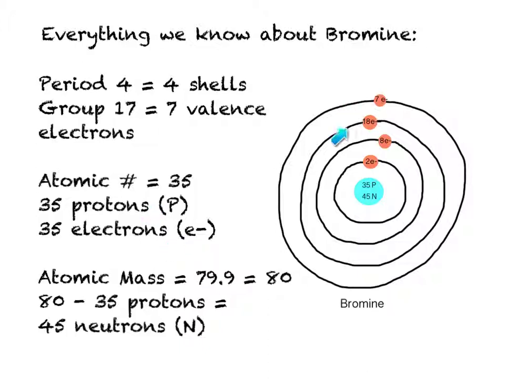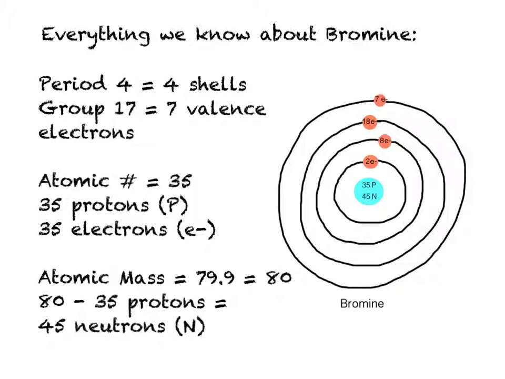The electrons are what we draw here in the shells. The atomic mass is 79.9, which we round to 80. 80 minus 35 protons equals 45 neutrons, which we indicate here. So always in the nucleus are the protons and the neutrons.